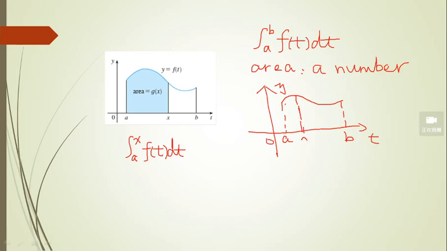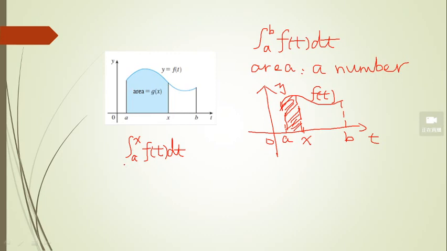So my x can be some value here, and this is the area of this region, and this function we know is f(t). That is what I mean: we can shift the x between a and b.